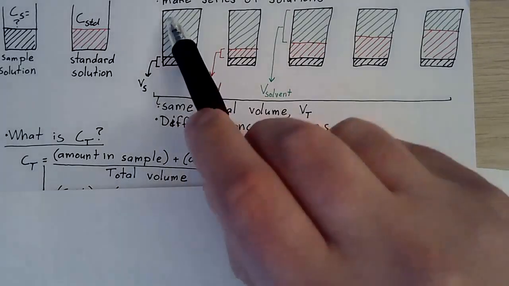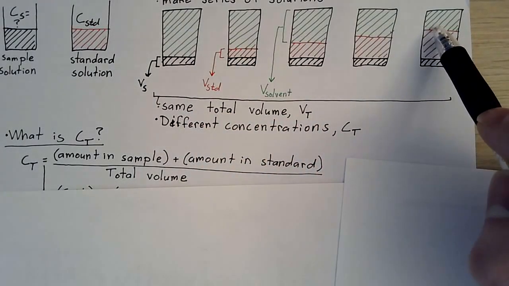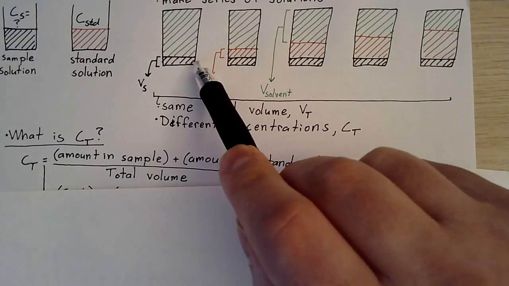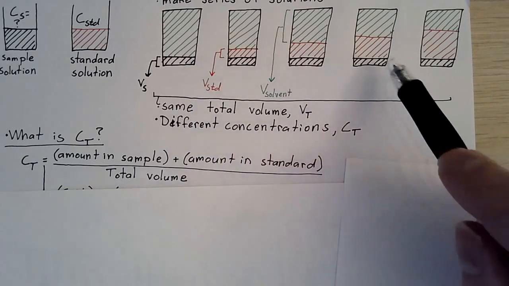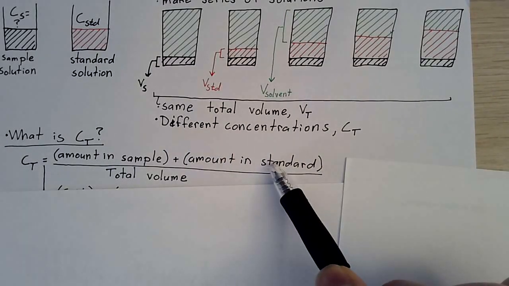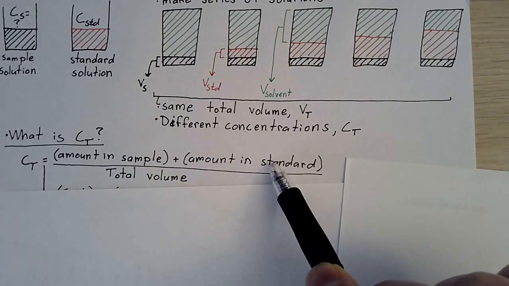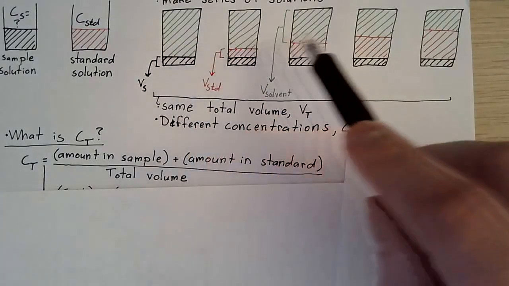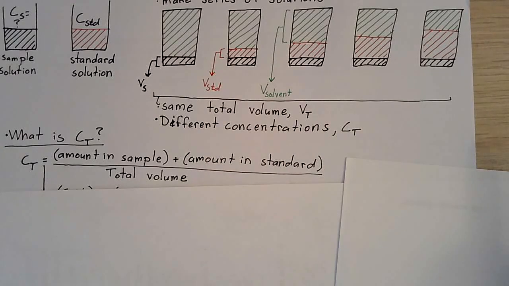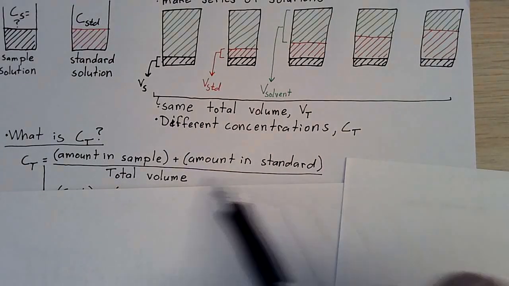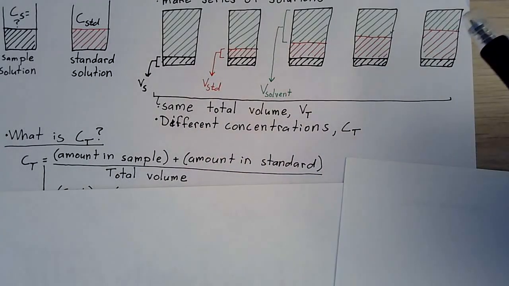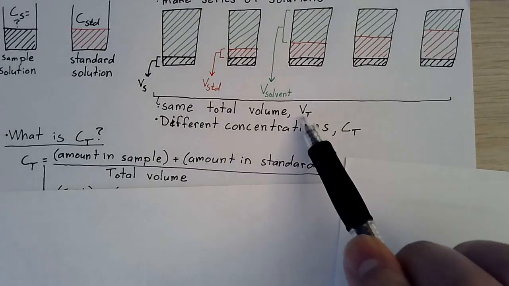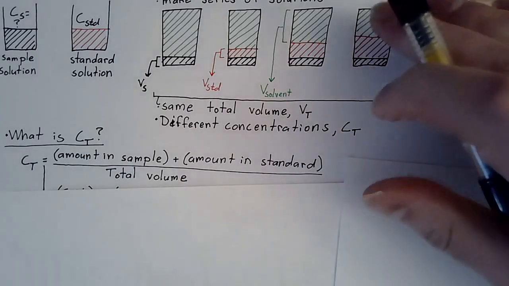The amount in each one of these containers that came from adding this portion of the sample solution to each one, and the amount that came from adding the standard. So in this case, we added no standard, so that would be 0. And in each one of the rest of them, it would be an increasing amount. And then we divide that by the total volume. The total volume is easy enough. That's just VT, and it's the same for each one.